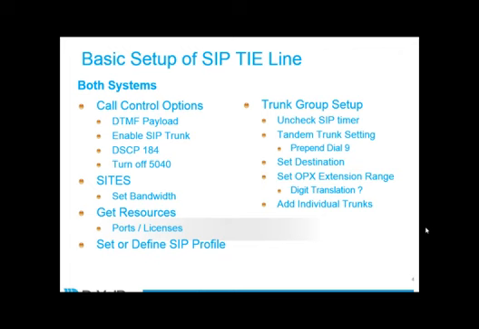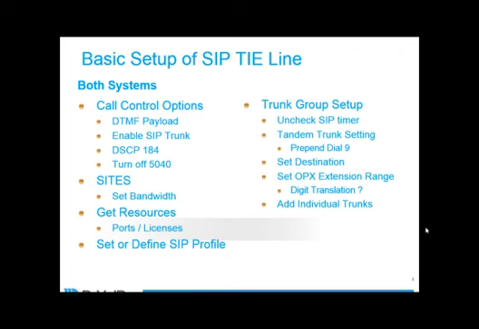We're going to determine whether we need tandem trunking. In this example, we will need it because one PBX is going to dial 9 and make phone calls through the other PBX. So tandem trunking will be needed, and we'll decide whether we need to prepend a 9 on the digits that are sent to us from the originating PBX or not.